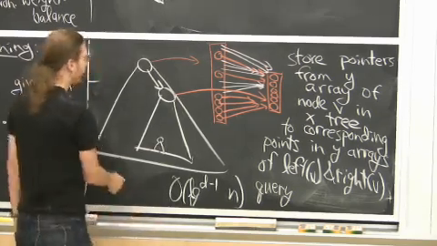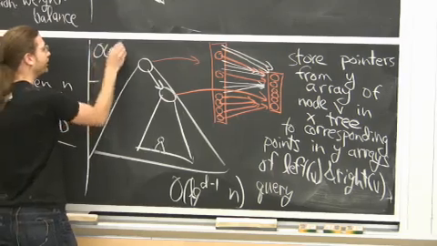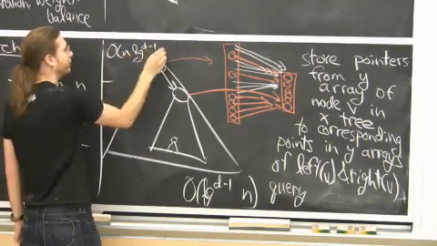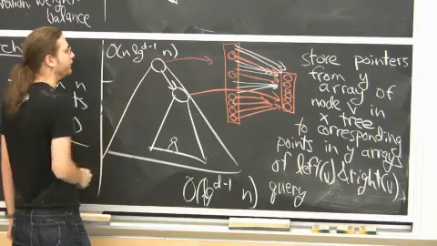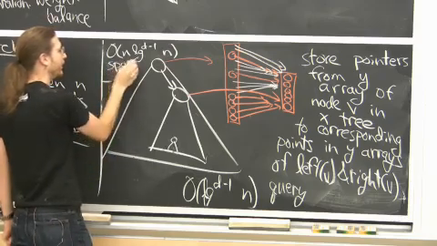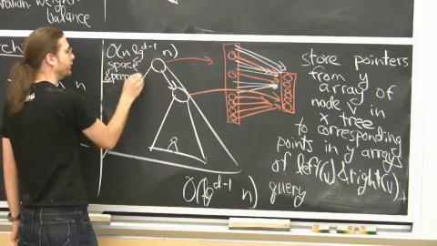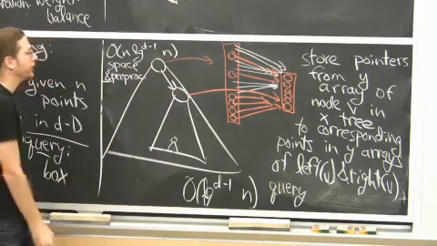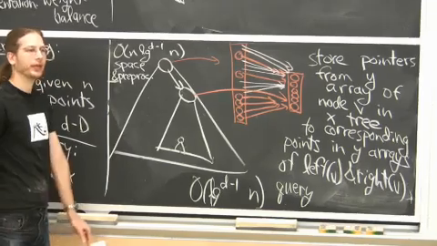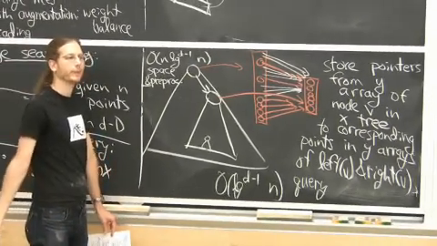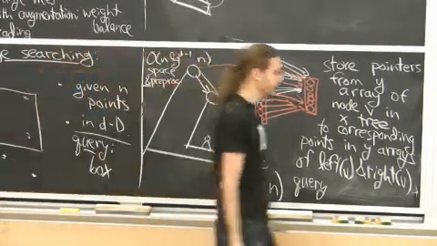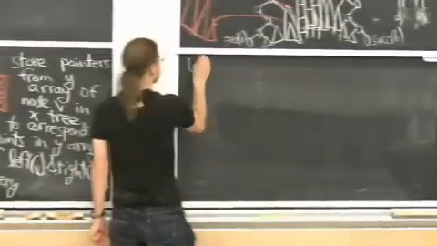The only thing we need out of this data structure is that it takes the same amount of space and preprocessing time: n log to the d minus 1 space and time to build this static data structure. If we have this, it turns out we can make it dynamic for free. This is the magic of weight balance trees.